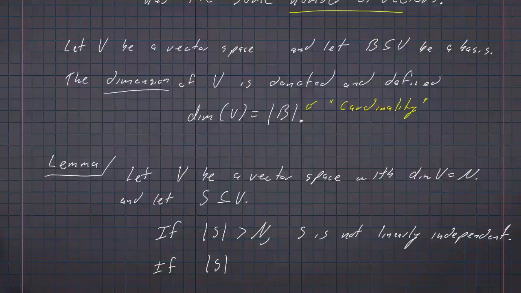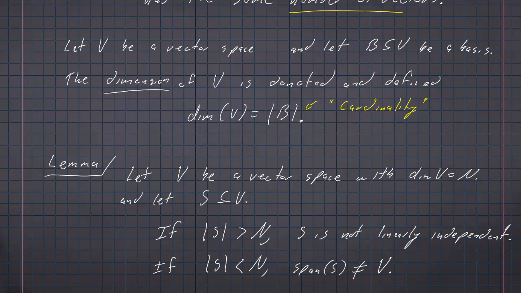If the cardinality of S is less than n, then the span of S is not the entire vector space. The lemma here is the tricky part of the theorem. I hope that you can see from this lemma how to prove the original theorem.